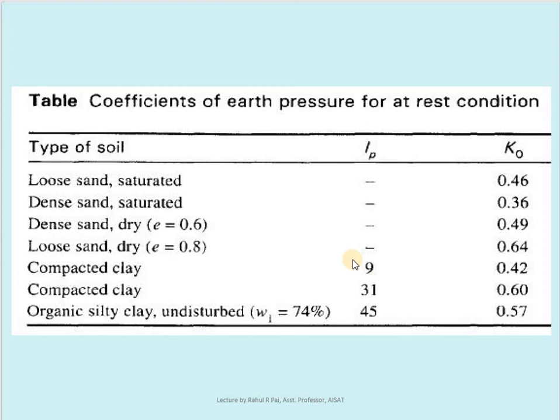Here it has a PI value, and corresponding to that you have the coefficient of earth pressure. So the earth pressure coefficient can be found either from the Poisson's ratio, or based on the particular soil. A lot of charts like this are available where you can directly obtain the earth pressure coefficient.